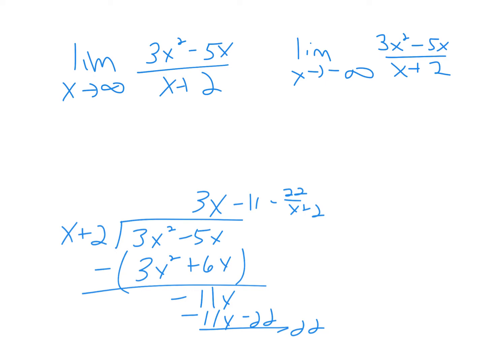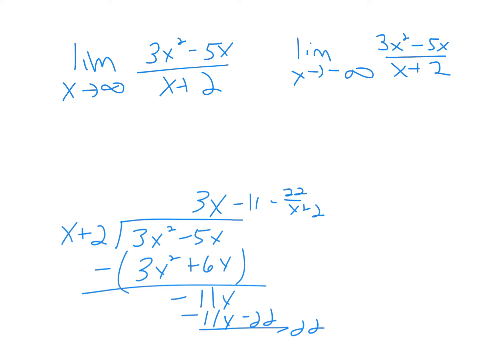Now, what do we know about this function in this rewritten way as we go to infinity? Well, this by itself goes to 0, as you know by the rule we stated previously in this video, right? Anytime we have the power higher in the denominator, this goes to 0. This, on the other hand, goes to infinity, right?